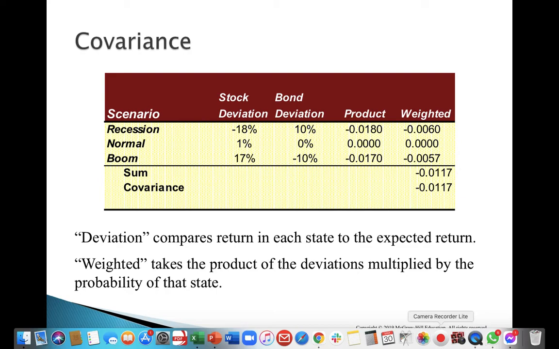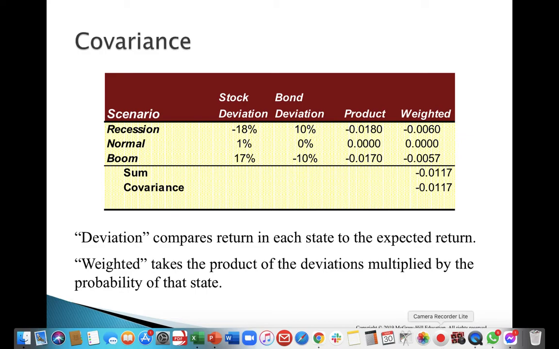We multiply this with the probability. Probability is 1/3. So the product multiplied by 1/3 probability is equal to the weighted product. Minus 0.0180 multiplied by 1/3 is equal to minus 0.0060.